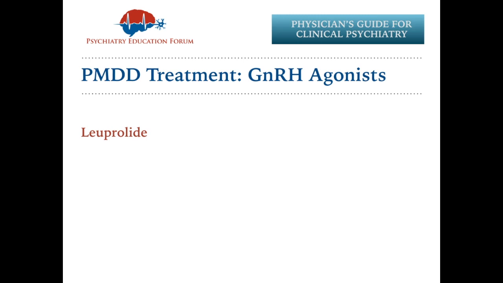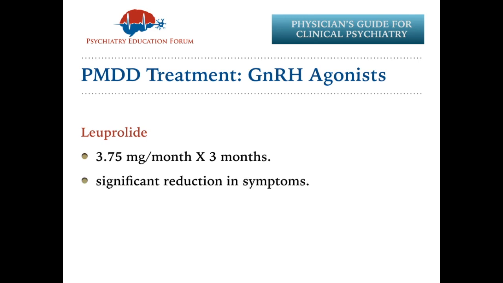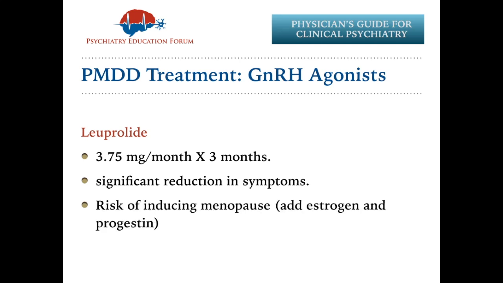Thereby it induces anovulation and causes amenorrhea. There were studies where it was given at 3.75 milligram per month dosing for 3 months. It caused significant reduction in symptoms, but as we just talked about, the side effect is the risk of inducing menopause. So you have to add estrogen and progestin with it.